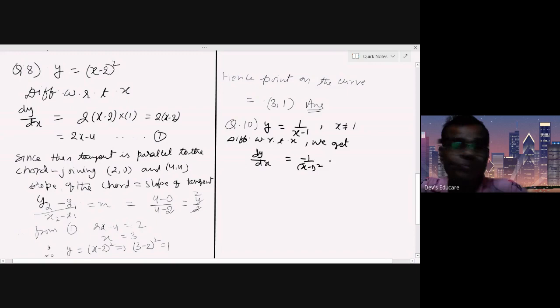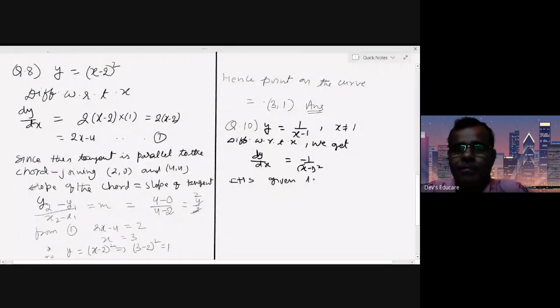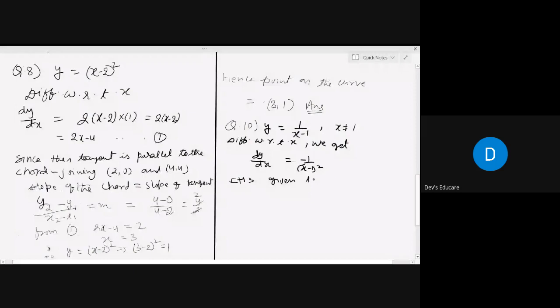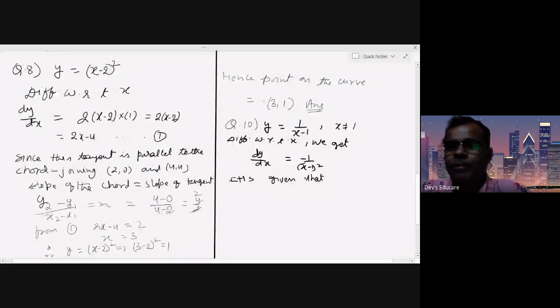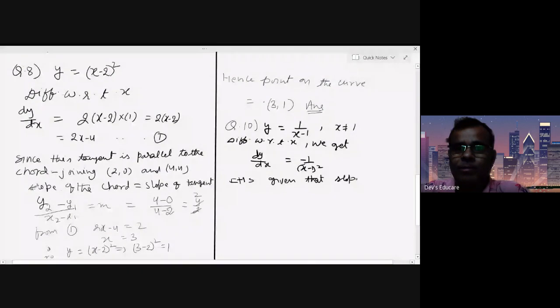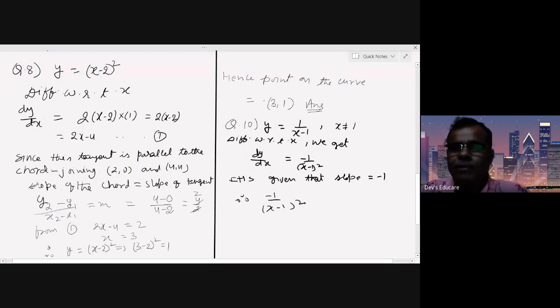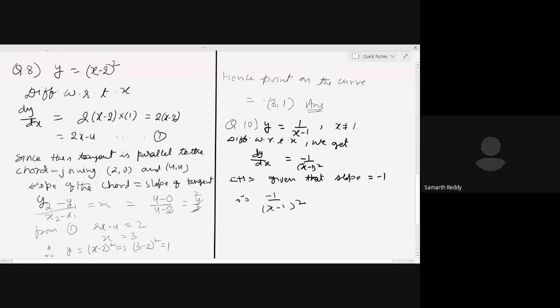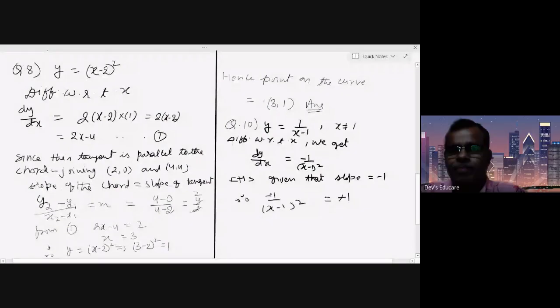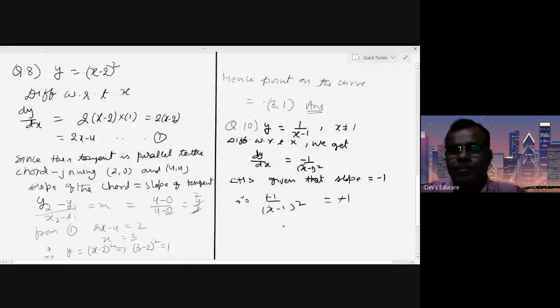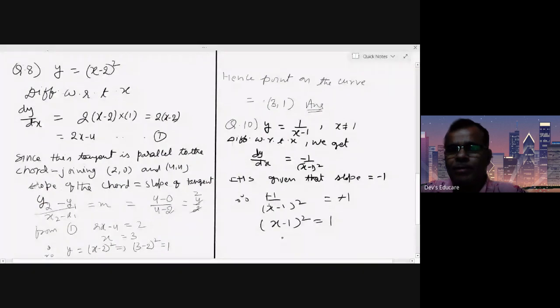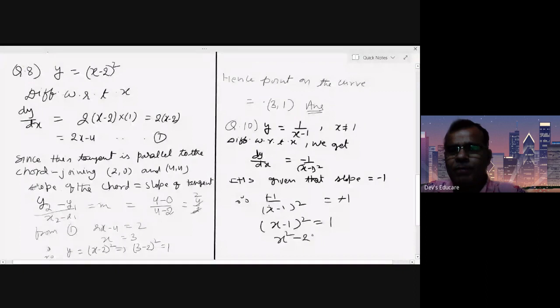It's given that the slope is -1. Therefore, we have -1 upon x minus 1 whole square equals -1. So the minus got cancelled, and x minus 1 whole square equals 1, which comes to x square minus 2x plus 1 equals 1.